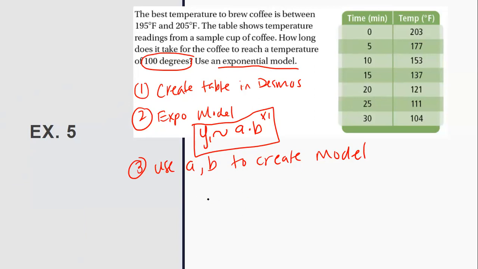So my model is, for temperature at time t, it equals 199.25 times .98 to the t.